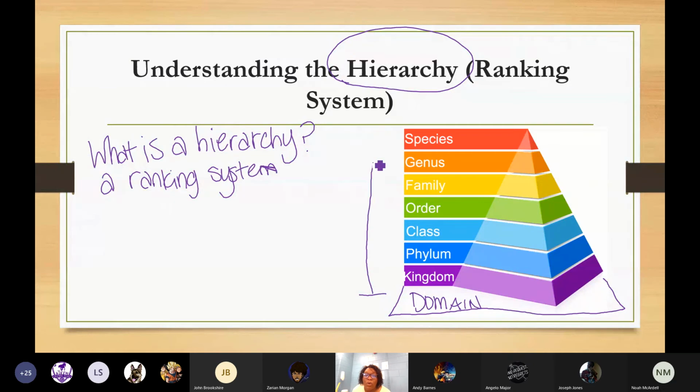The higher we go up this hierarchy, the more specific we become with animals, if we're talking about animals here, because you can classify plants as well. That word broad means many. Many organisms can fit in this large bowl. But as we go up, we're going to find that there's only one species here. So only one animal will fit here in this species.